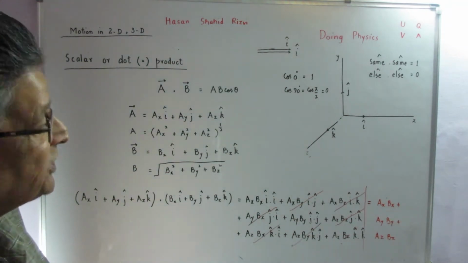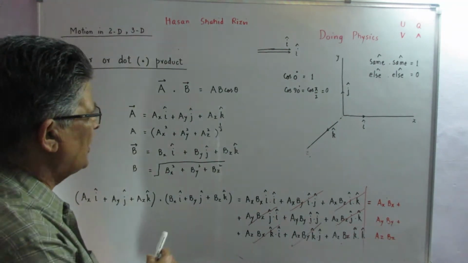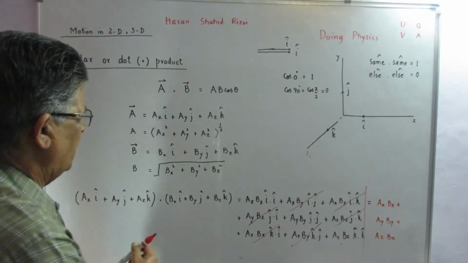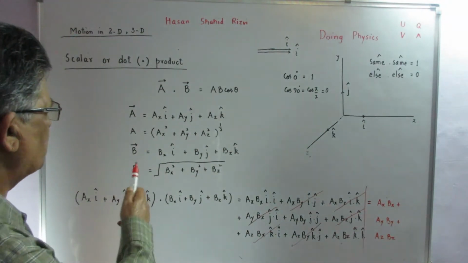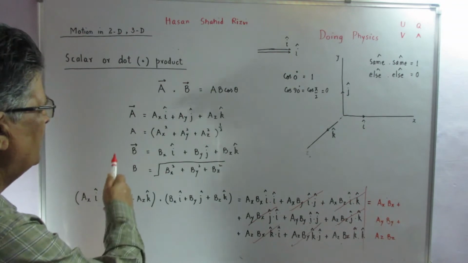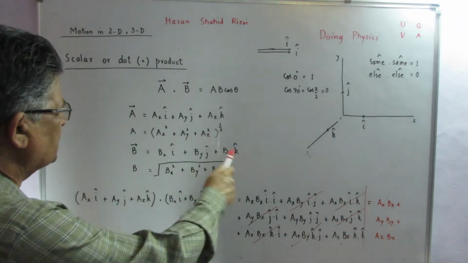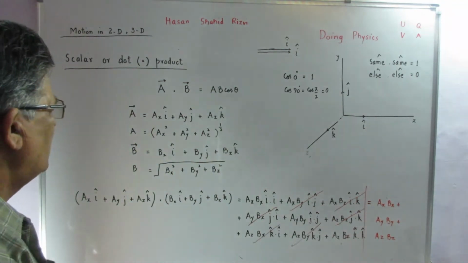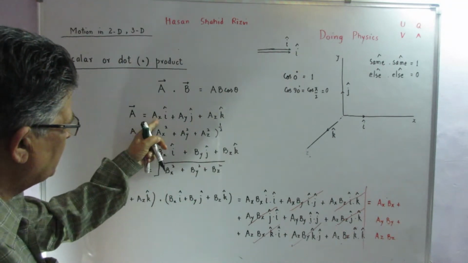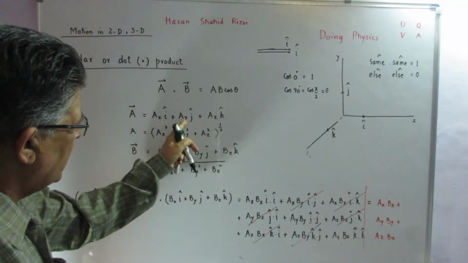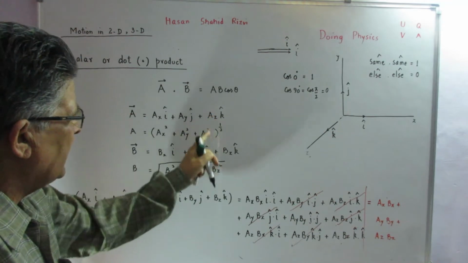They are not changing. So all I will get, to obtain a dot product if the values of the two vectors are given to us, is just to multiply Ax Bx, Ay By, and Az Bz.